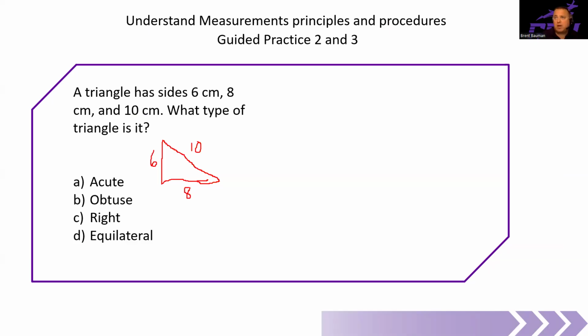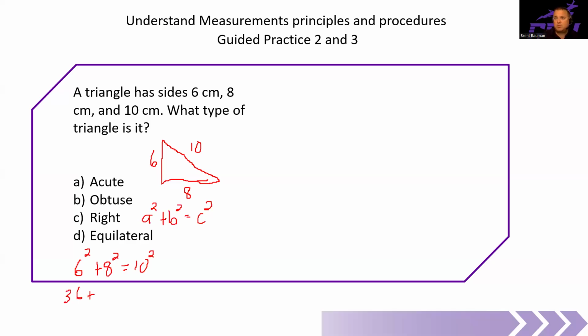But we also have a squared plus b squared equals c squared, which will hold if it's a right angle. So we can check that real quick to see if it gives us a true statement. We have 6 squared plus 8 squared equals 10 squared.